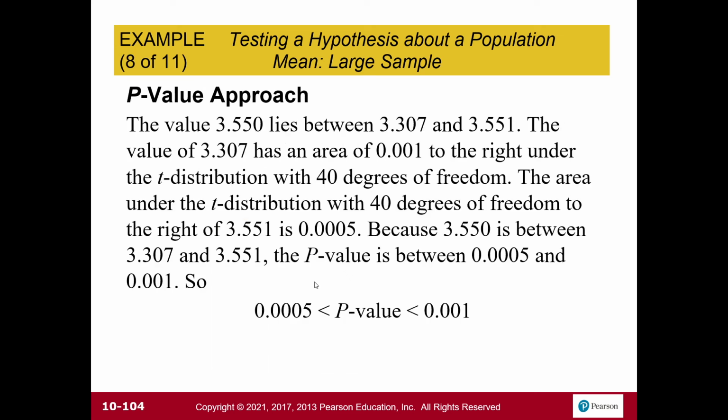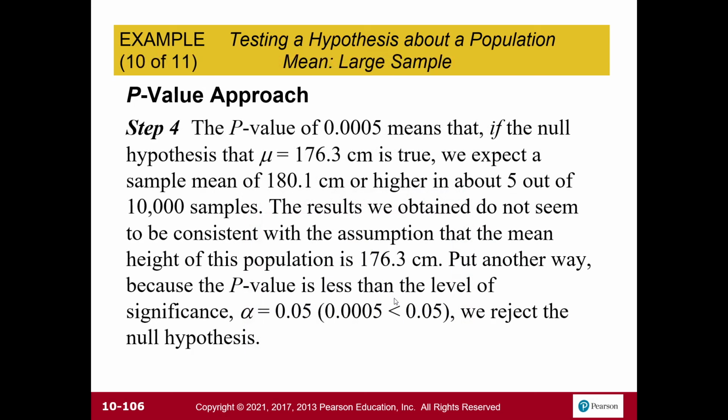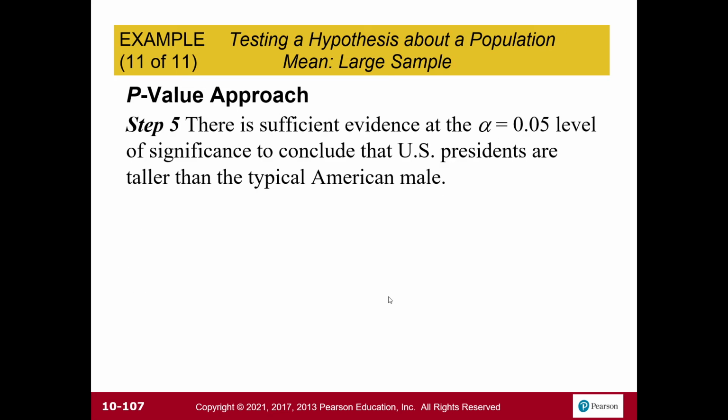So we're talking about a p-value less than 0.001. It will definitely be less than 0.05. So we are definitely going to reject the null and accept the alternative. There is sufficient evidence at the 0.05 level and also at the 0.01 level to conclude that the US presidents are taller than the typical American male.